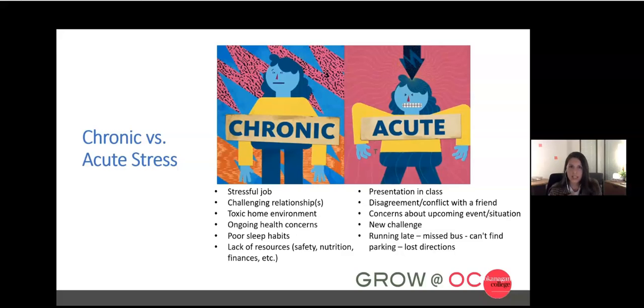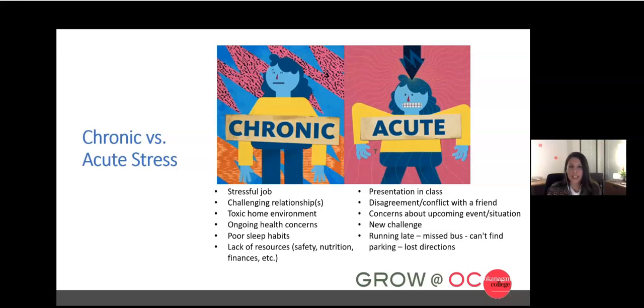So chronic stress is what we refer to as long-term stress. So feelings of stress that often occur over a long duration of time. And maybe while they don't feel really intense in the moment, as they build up, they start to experience more stress.